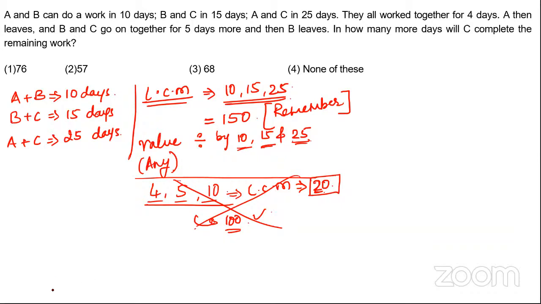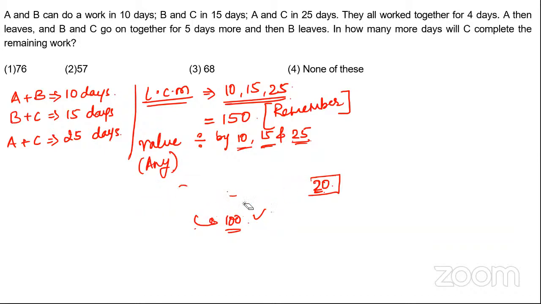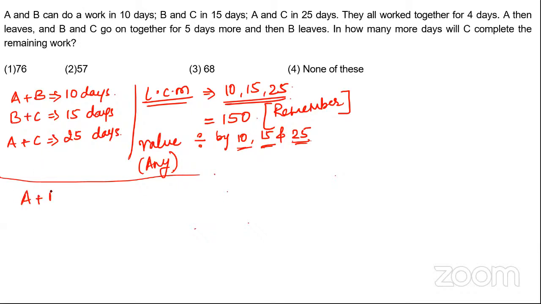So now, guys, we have taken the value of 150. So I'm considering 150 as my work. So if 150 is the work to be done, can you guys write this?